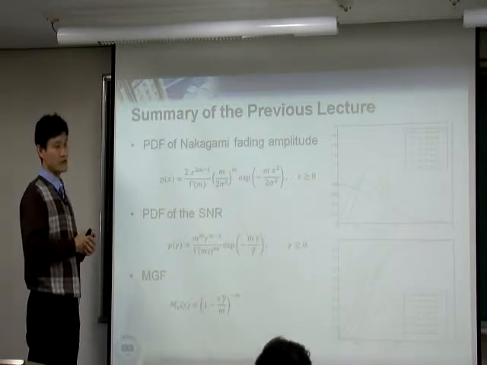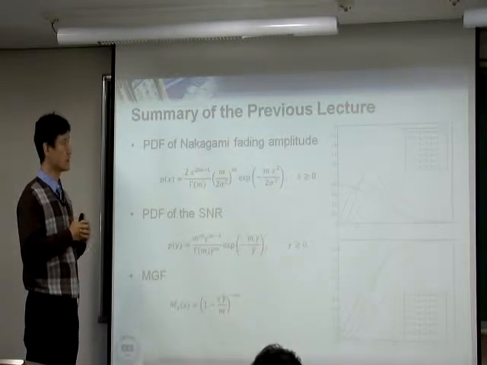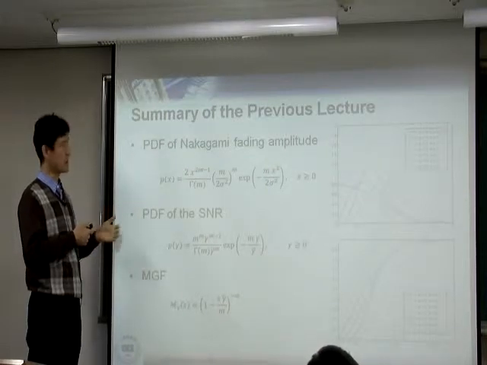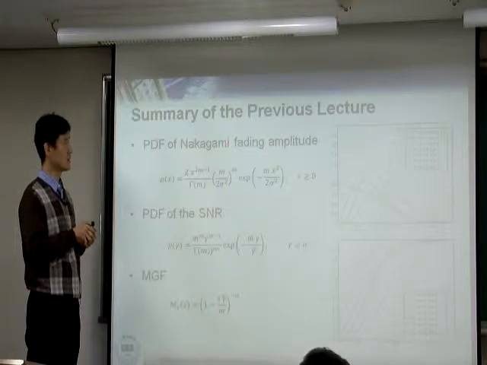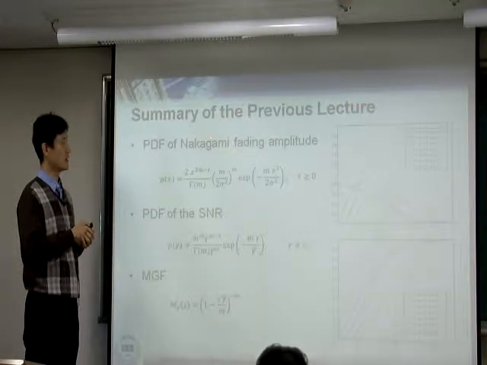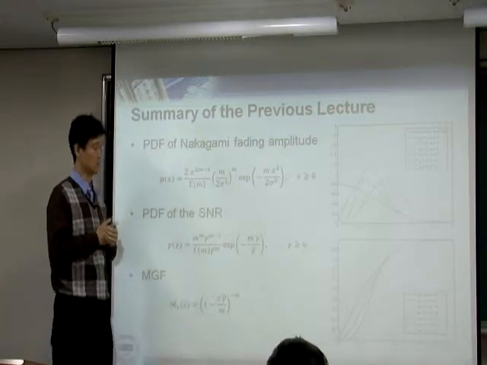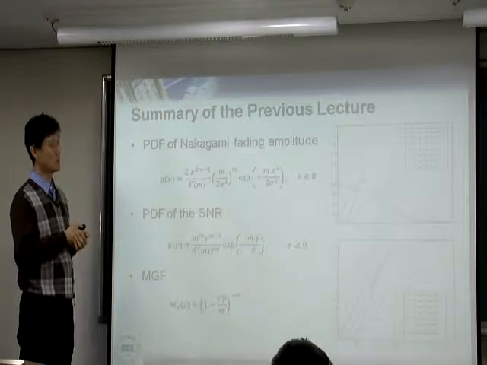There are other channels besides Rayleigh. Another channel that is also popular, not as popular as Rayleigh, but somewhat popular, is the Nakagami channel. The reason that the Nakagami channel is popular among scientists is that this is a more general channel.